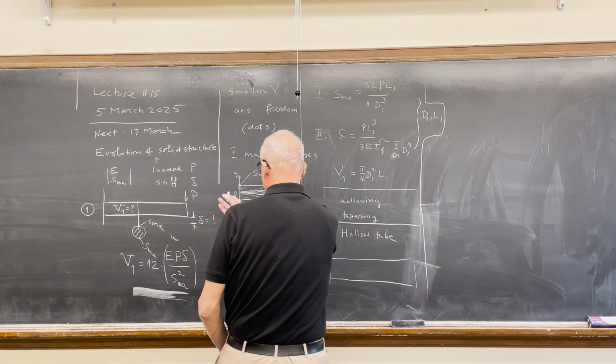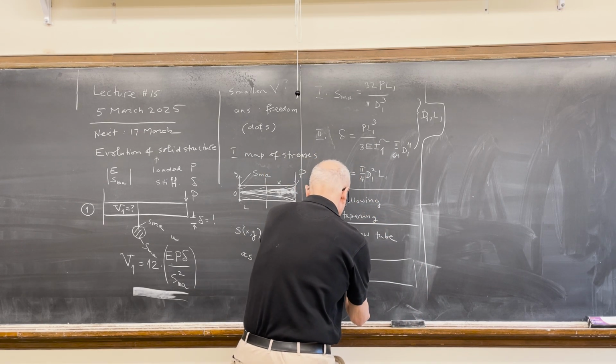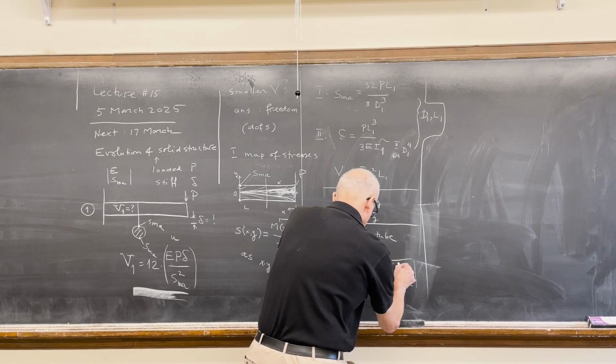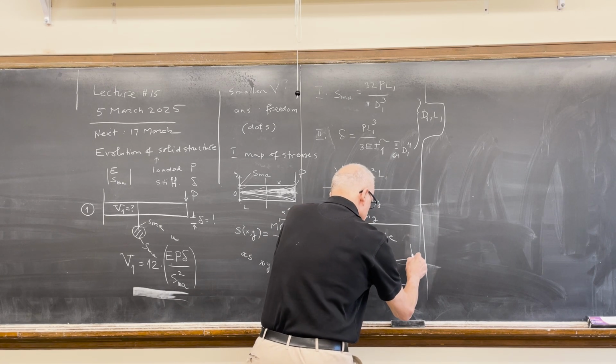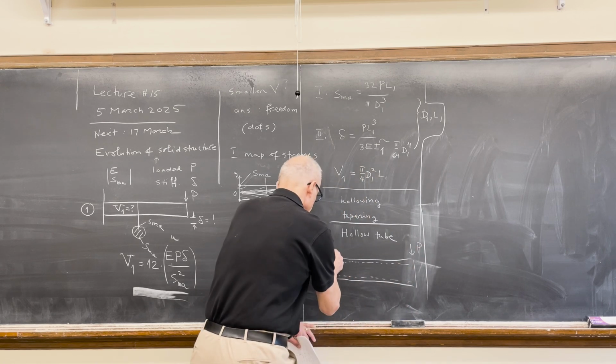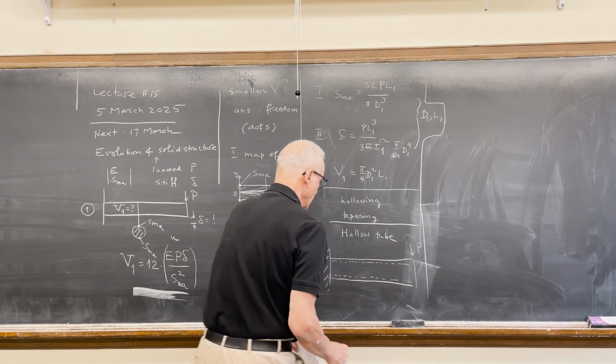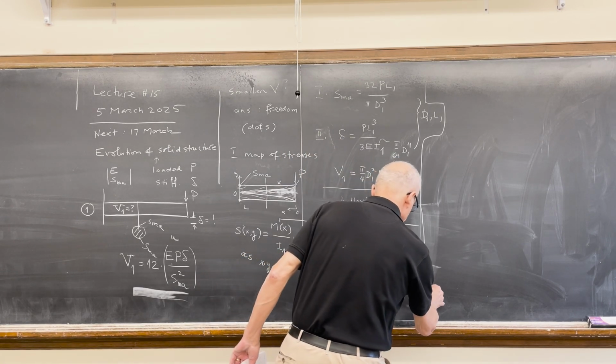And because we know the method, I'll go fast through the steps that are detailed in the book. Here is the load P. This is the substrate. And the deformation is here.